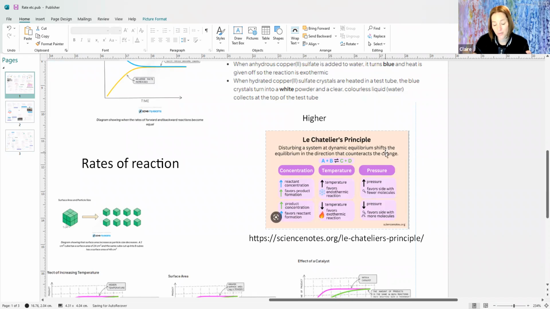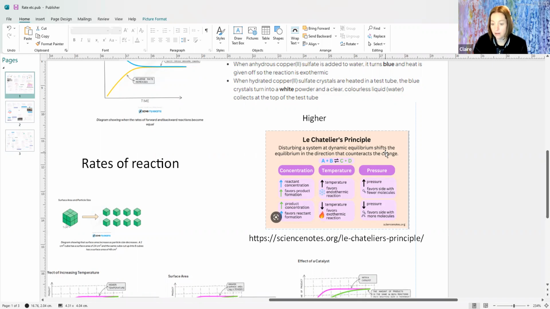With reversible reactions, you need to know what an increase in reactants or an increase in products does to the direction of the equation, and also the effect of temperature and pressure. One thing they haven't added here is moles as well. You need to think about how many moles. With moles, it always favours the side with the smaller number of moles, smaller particles.